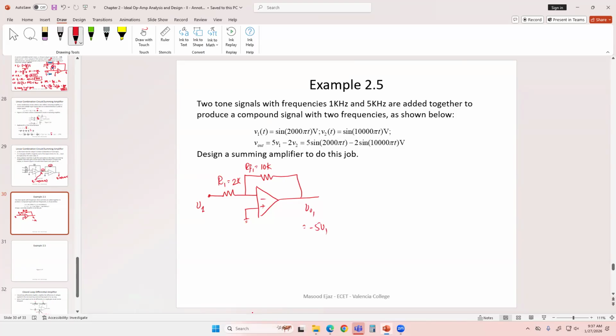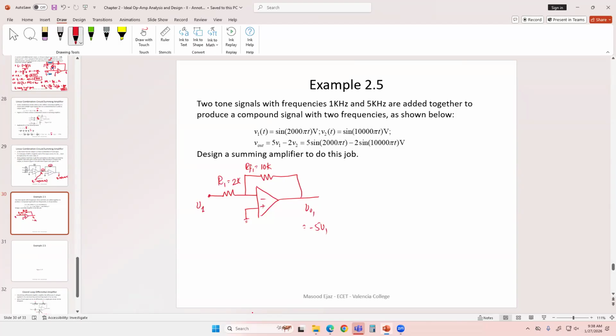And now if I apply a summing amplifier with this as one of the inputs, and the other input as my V2 times a gain of 2, then the output of that is going to be negative of this, which will be 5V1, and negative of the other input, which is going to be negative 2V2.